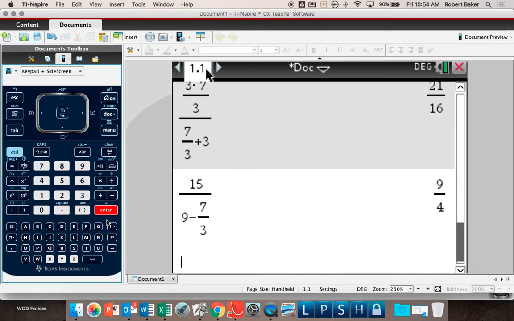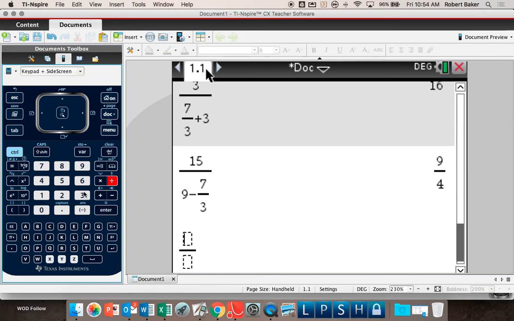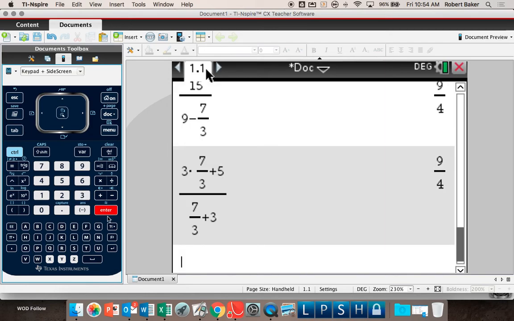Isn't it 3k plus 5 and k is 7/3? 3 times 7/3 plus 5 over 7/3 plus 3. Is that right? 9/4.